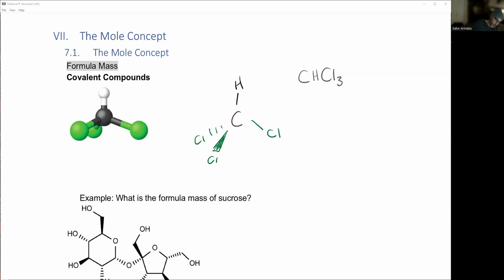So what I know is carbon has a mass according to the periodic table. If I take a look at carbon, I'm going to see that carbon has an atomic number of 6 and it has a mass of 12.011. What we're interested in is the mass.